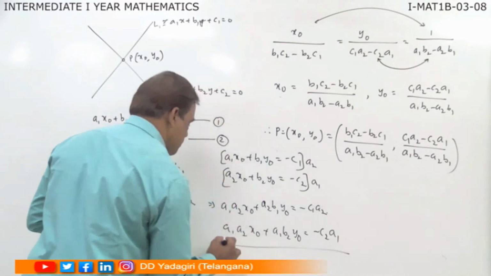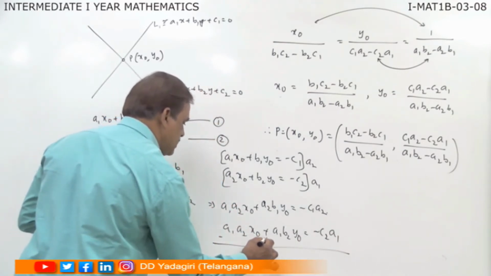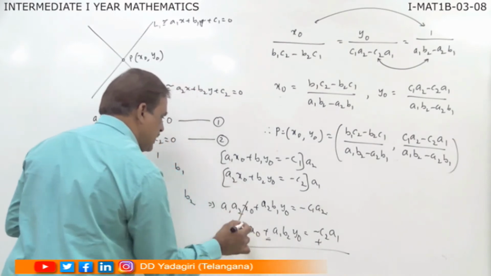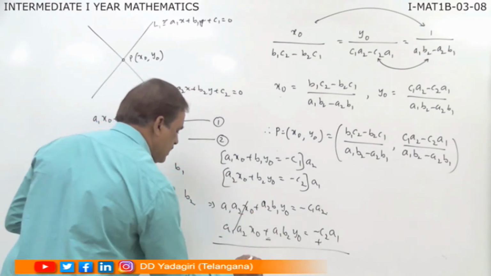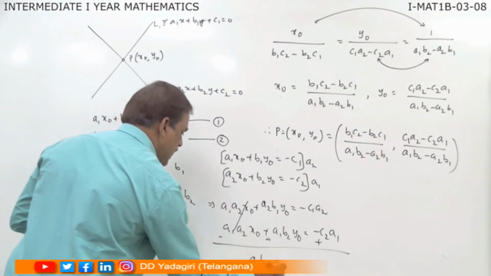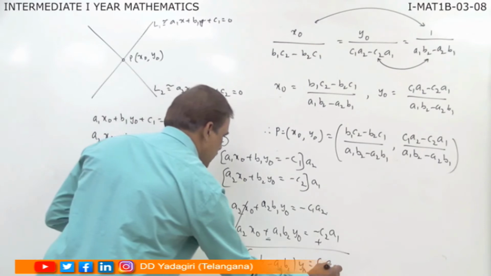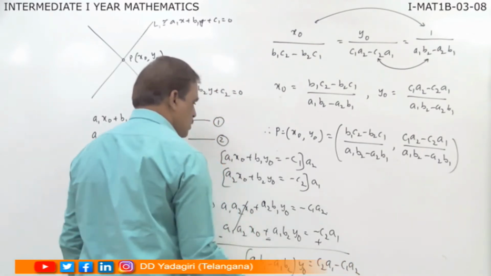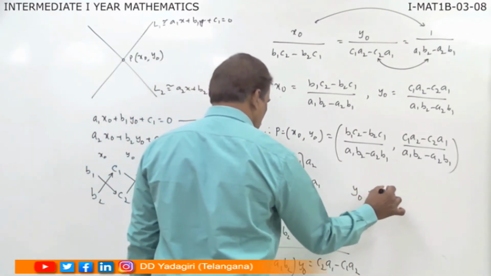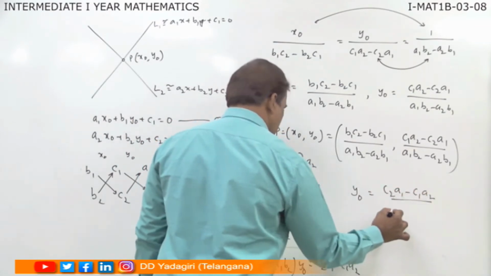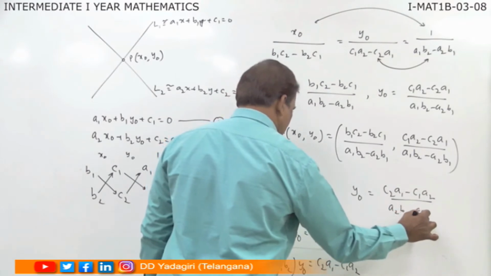Change the sign, minus and plus here. Then both of these get cancelled. Here a2 b1 minus a1 b2 into y0 is equal to c2 a1 minus c1 a2. So y0 is now equal to c2 a1 minus c1 a2 by a2 b1 minus a1 b2.